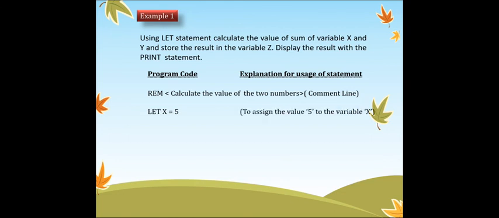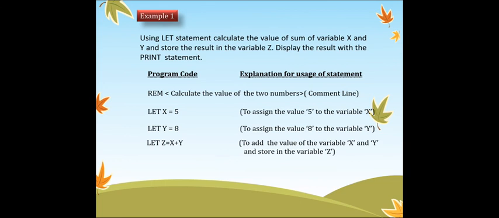Next, you have to write the LET statement. You are going to take the x variable and you are putting the value 5. Next variable is y and the value is 8. So we are going to store the value of x plus y in a third variable, that is z. So you are getting the result, that is PRINT z. At last, END, the end of the program.